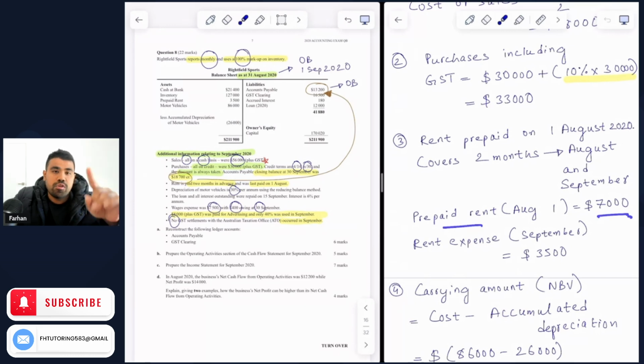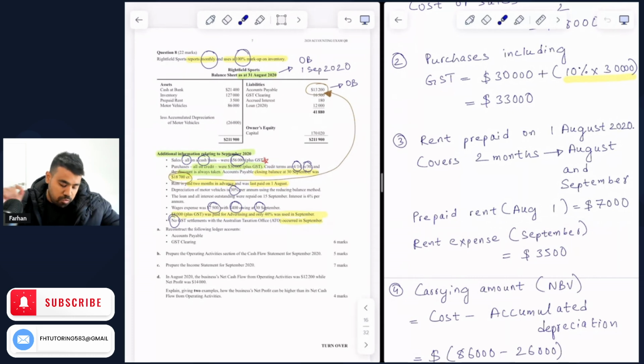So on 1st of August, we would have paid for 2 months, August and September combined, $3,500 plus $3,500, which would have been $7,000. This is not something we would be including anywhere, but it's just a test of your understanding of how everything comes together.